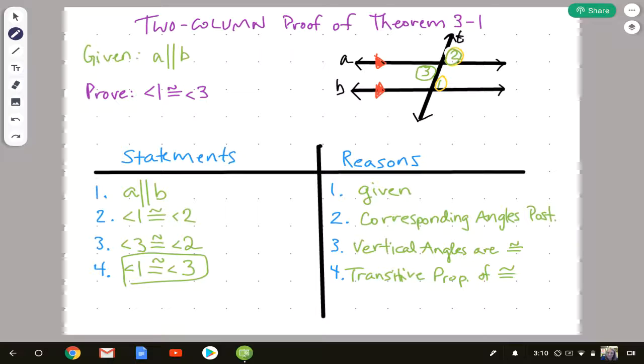If you have several angles and you're trying to get something like angle 1 is congruent to angle 3, you need to look and see what else they are congruent to, or whether they are supplementary to something. We did have another theorem that said that if two angles were supplements of the same angle, those angles had to be congruent. So there are some different things you can try, but sometimes it helps to plan from the back to the front, to the top.